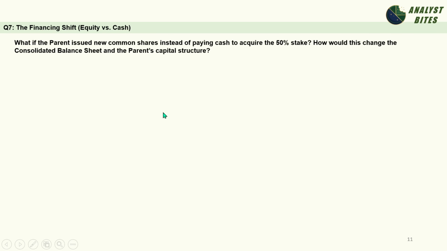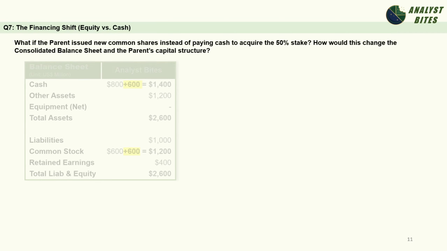One last variation. What if the parent issued new common shares instead of paying cash? Don't panic. If you are confused, just break the process into two simple steps. Step 1. Imagine the parent company issues 600 million worth of new stock to the public for cash.